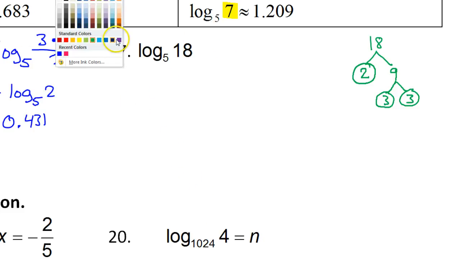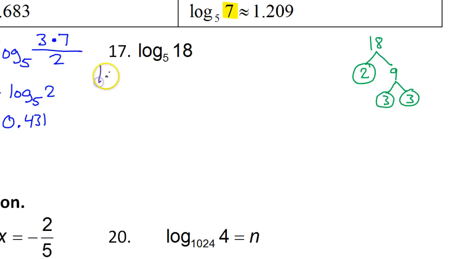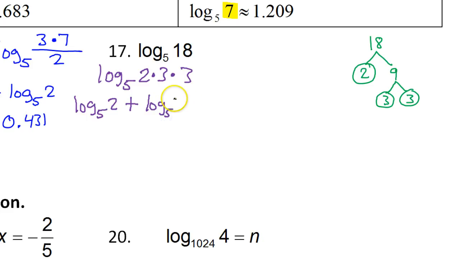am given. So I can think of this as log base 5 of 2 times 3 times 3. So then this will expand as log base 5 of 2 plus log base 5 of 3 plus log base 5 of 3.